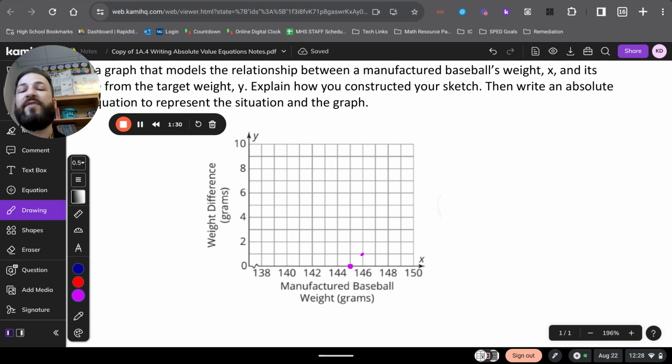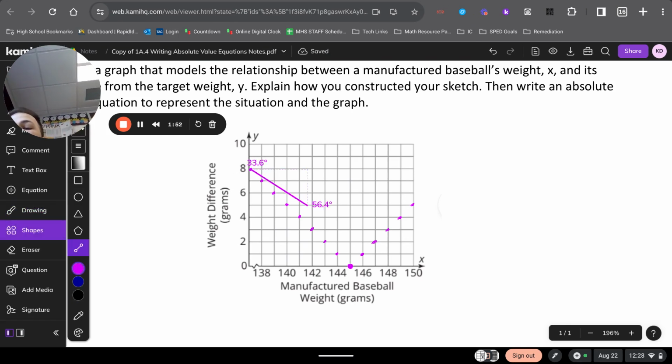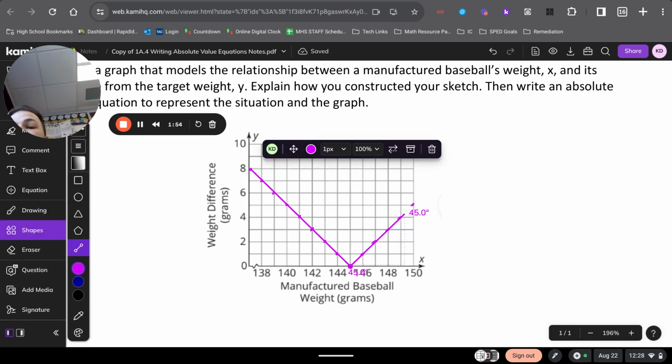And so that weight difference, how far it is off of that manufacturer weight, would also go up by 1. So it should look like our parent absolute value function. And likewise in the other direction, if our manufactured weight was a little bit less, then it would of course differ in that same positive direction, which creates that absolute value function.